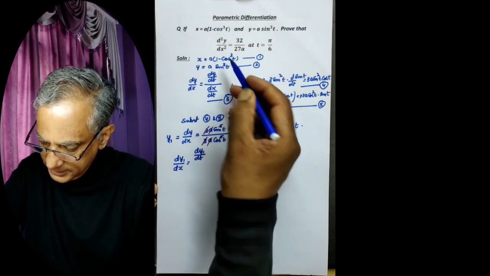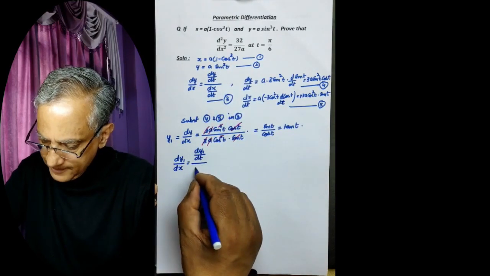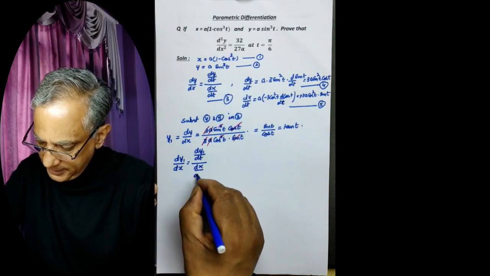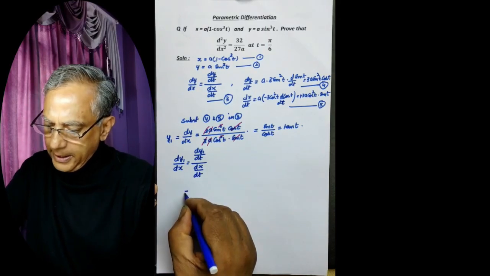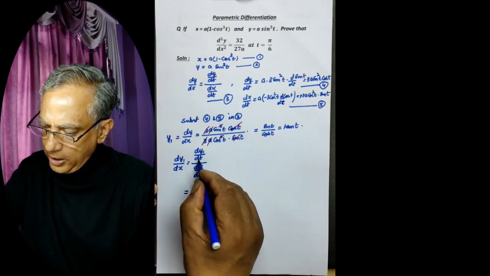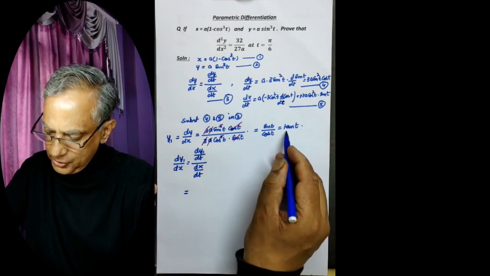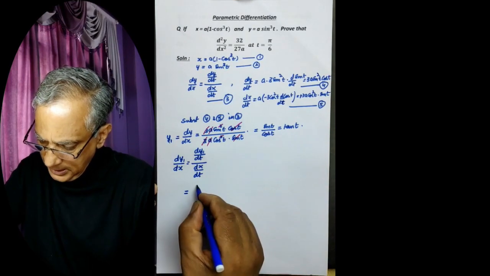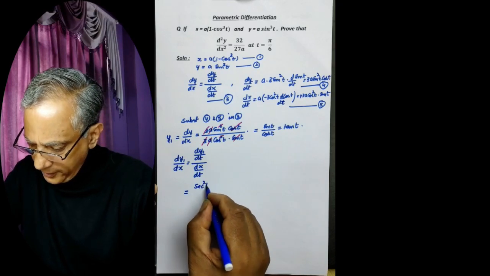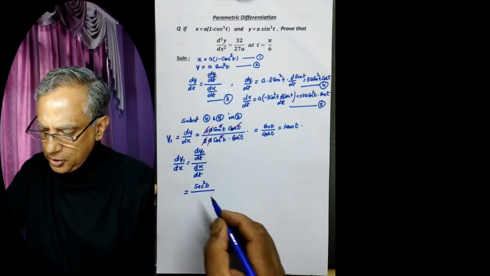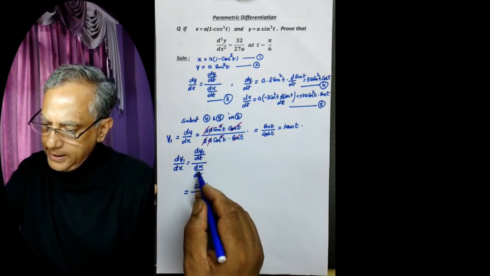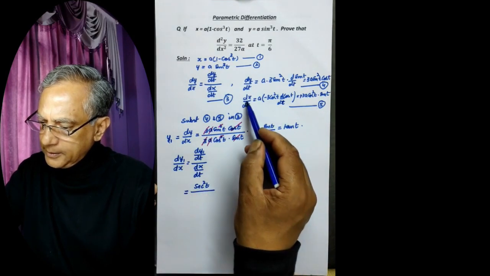Now differentiation of tangent t is secant square t, whole divided by dx by dt, which is this much.